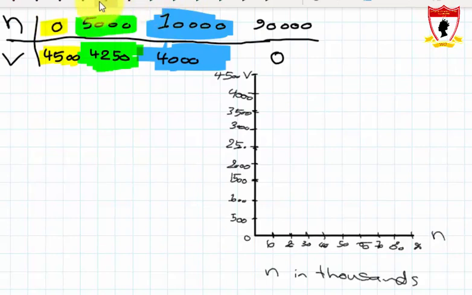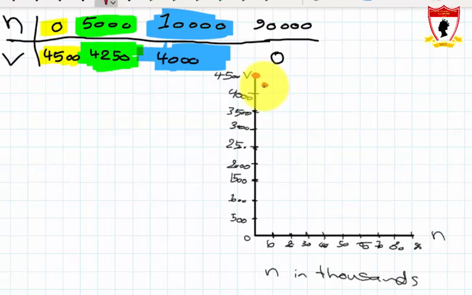Now to plot these, the first one is 0, 4,500. Then 5,000, 4,250. 5,000 is halfway between 0 and 10. 4,250 is halfway between 4,000 and 4,500.